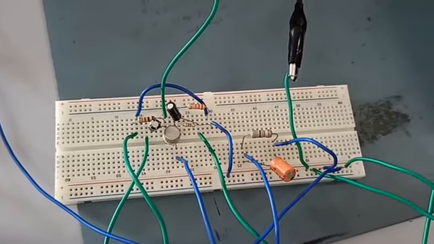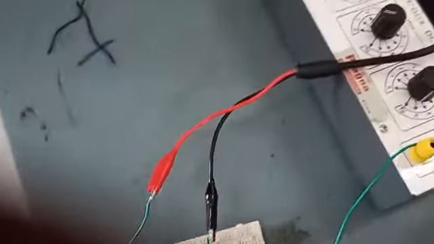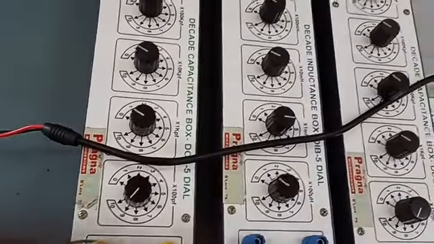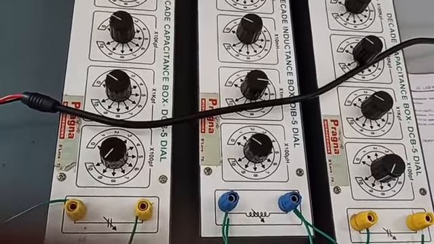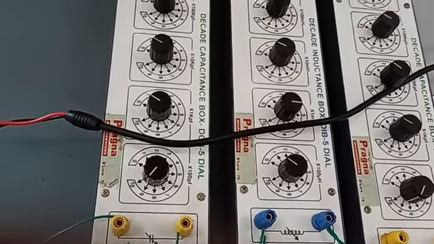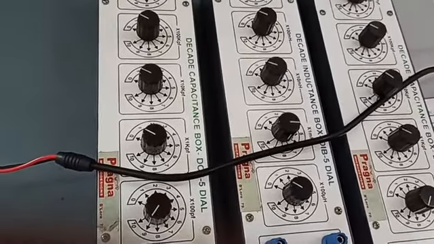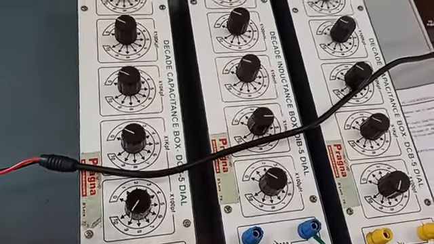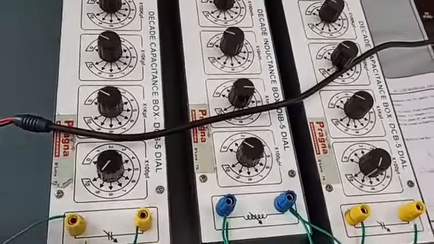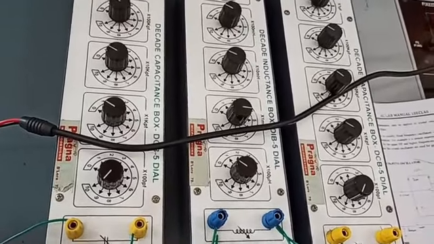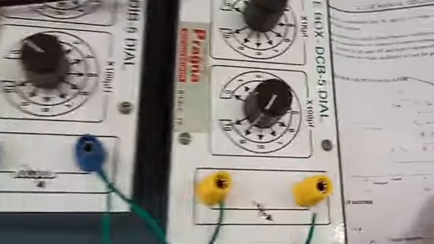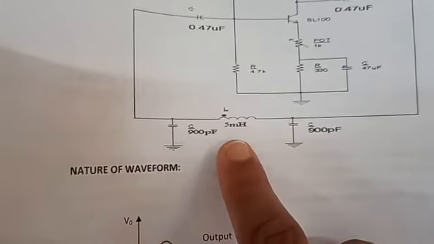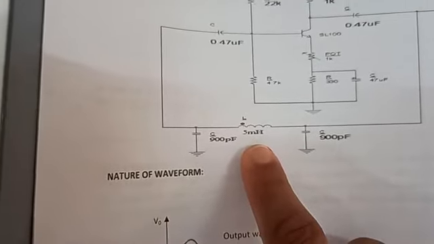To the feedback network we are connecting a decade inductance box and two decade capacitance boxes. For the two capacitors we have used 900 picofarad and 900 picofarad on the capacitance boxes, and for 5 millihenry we have used the inductance box.